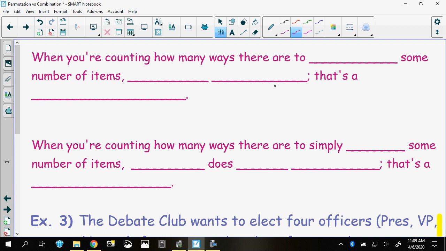Kind of sum up what we just talked about. We said that when you're counting how many ways there are to arrange some number of items, the order is going to matter. And we call this a permutation.